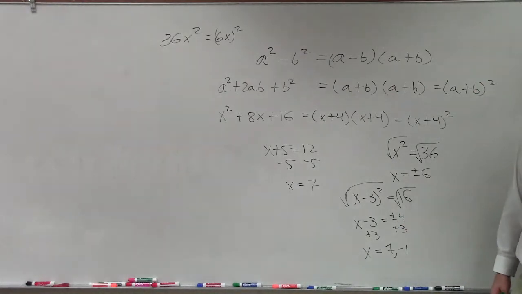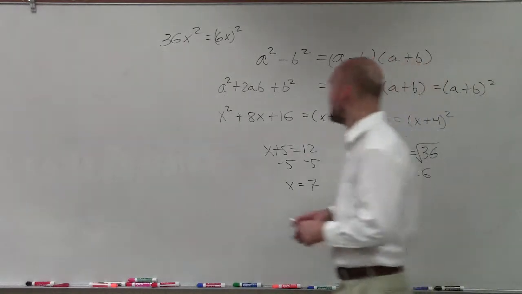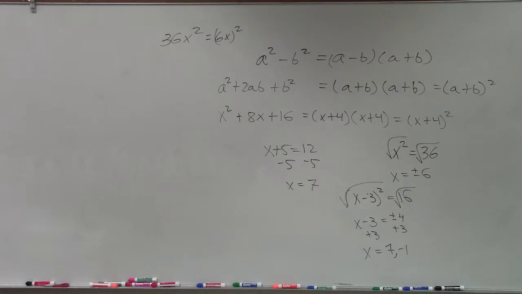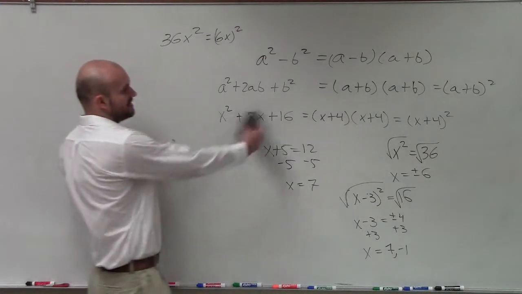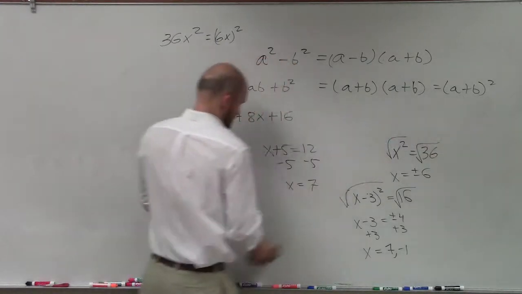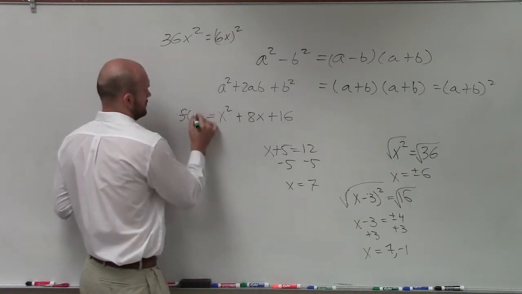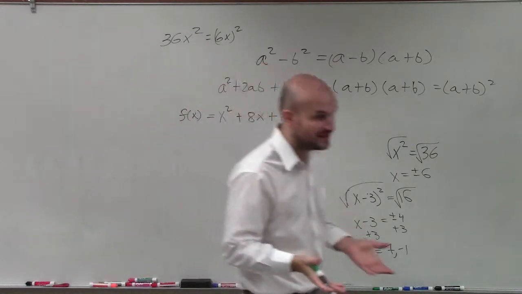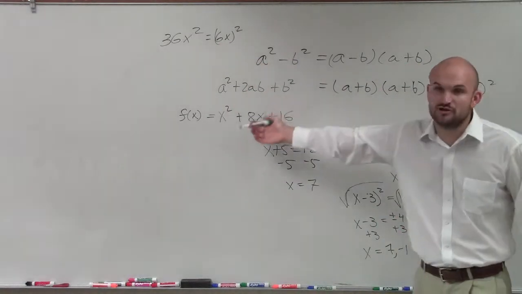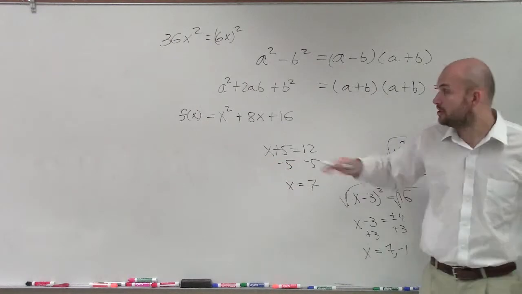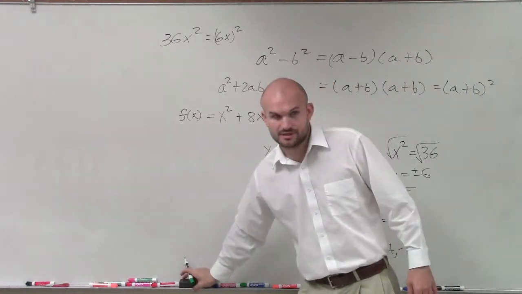And what I want you guys to understand about that is when you have a problem, let me grab my eraser. Okay. When you guys have a problem, and let's say it's this problem, and I say solve, remember when we're solving, we're setting our function. When I say solve or find the x-intercepts or find the zeros, we're taking our function and we're going to set it equal to 0, right?